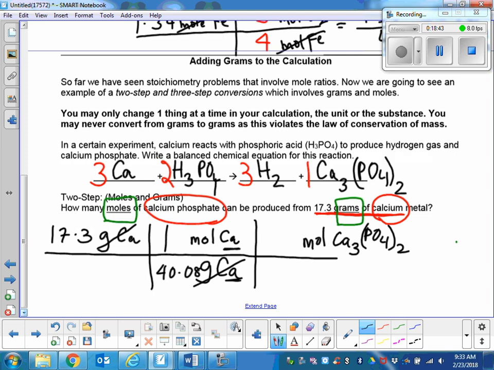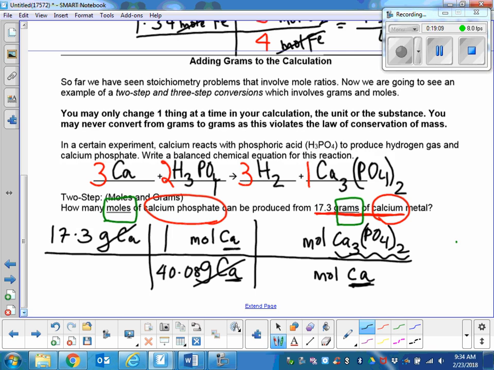What do I have to next cancel out of? What is in the numerator? Moles of calcium. Do I need to cancel out of moles of calcium? Right? Now let's look at the numbers as we fill them in. What is it in the denominator? What is it in the numerator? Calcium phosphate.